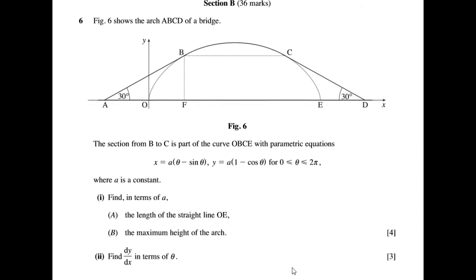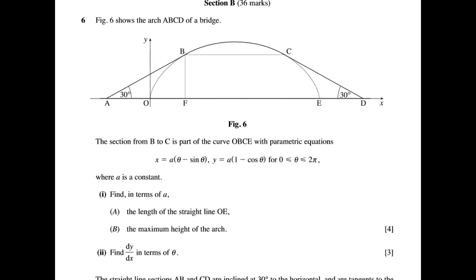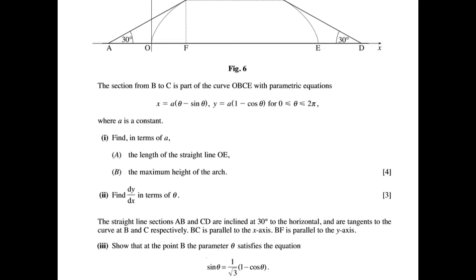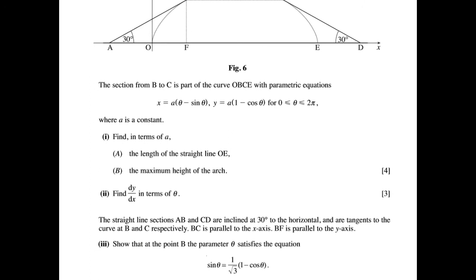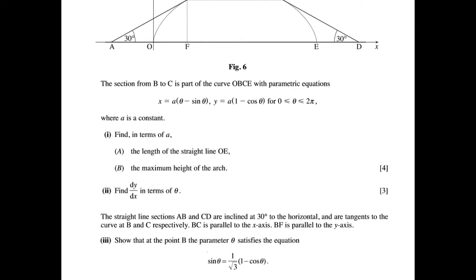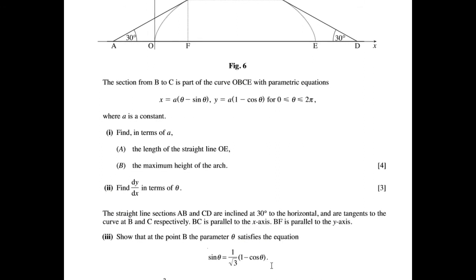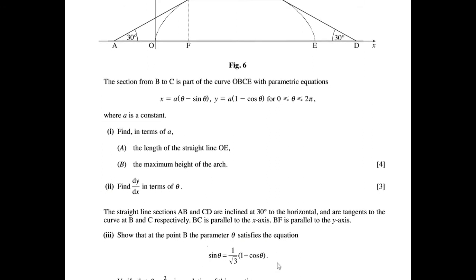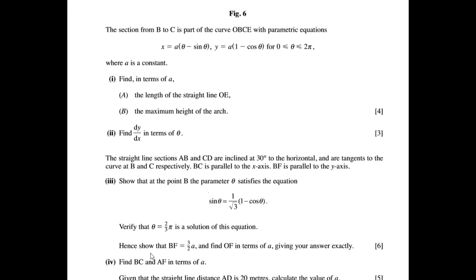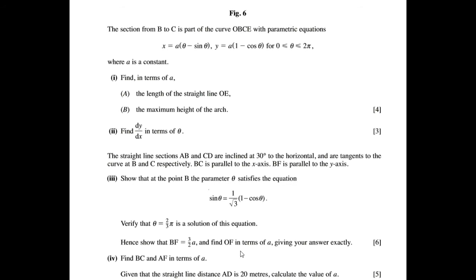So basically you need to do something funny with the equation and just rearrange everything. Verify that theta is equal to 2/3 pi is a solution to this bit, which should be relatively easy to do. Hence show that BF is 3/2 A.